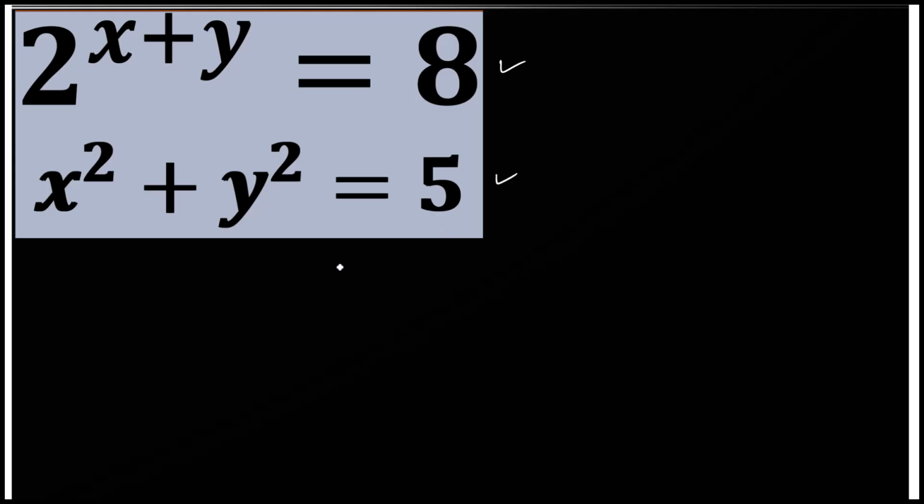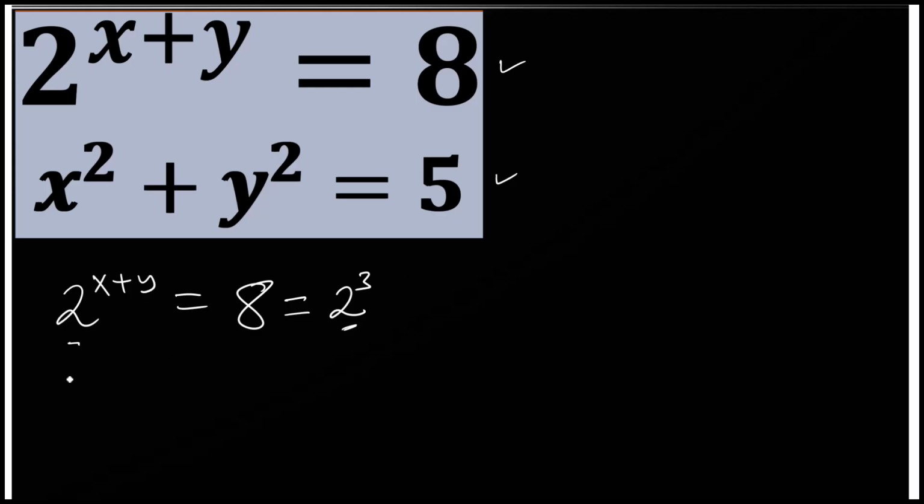Now what we know from indices is that anytime you have 2 raised to x plus y equals 8, we can express this one as 2 to the power 3. The idea is to get equal bases, therefore paving way for the powers.